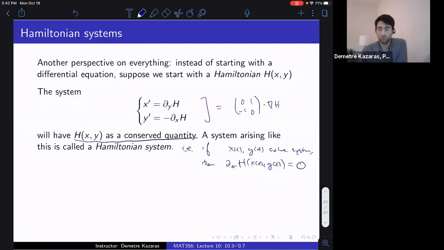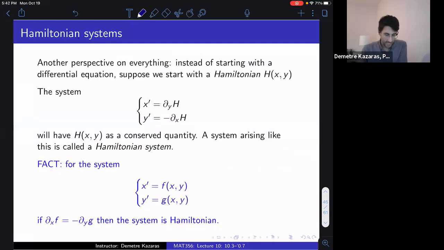So again, what does this mean? That means level sets of H will be solution curves, and the gradient of H will be orthogonal to solution curves. We're saying the same thing, really. Critical points of H will be equilibrium points of the system. All right, what about vice versa?